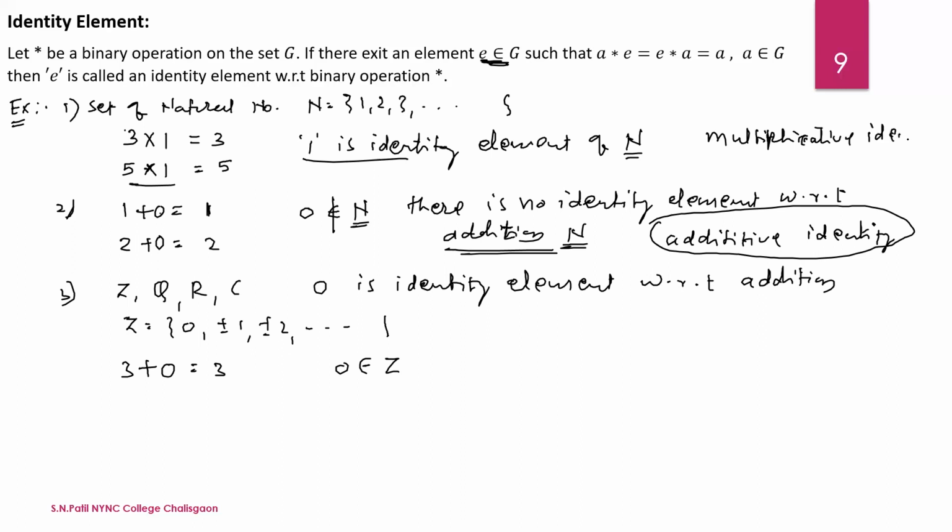Addition, then additive identity; multiplication, then multiplicative identity. So this is the identity element.